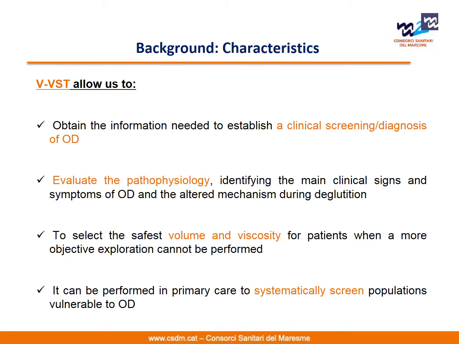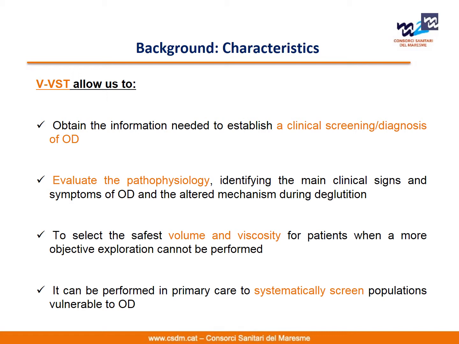So the VVST allows us to obtain information that we need to establish a clinical screening and diagnosis of oropharyngeal dysphagia. It also lets us evaluate the pathophysiology, identifying the main clinical signs and symptoms of oropharyngeal dysphagia, and also what's the mechanism that has been altered during deglutition. It also lets us select the safest volume and viscosity for our patient.